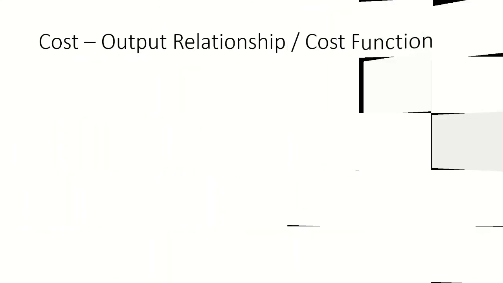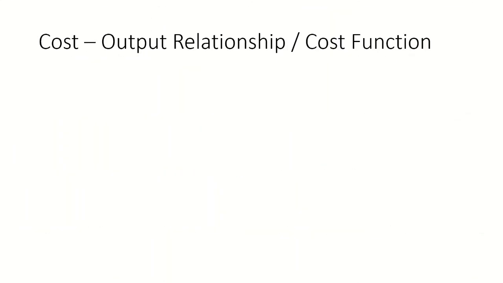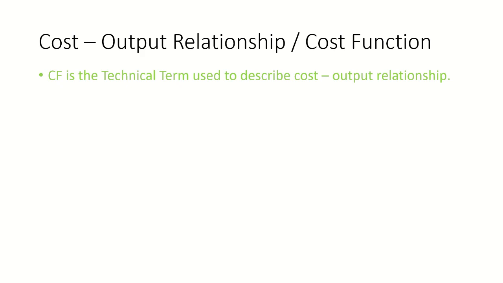And next we are going to discuss the cost output relationship, or we can say the cost function. In the last module we discussed the production function, and now we are going to discuss the cost function.